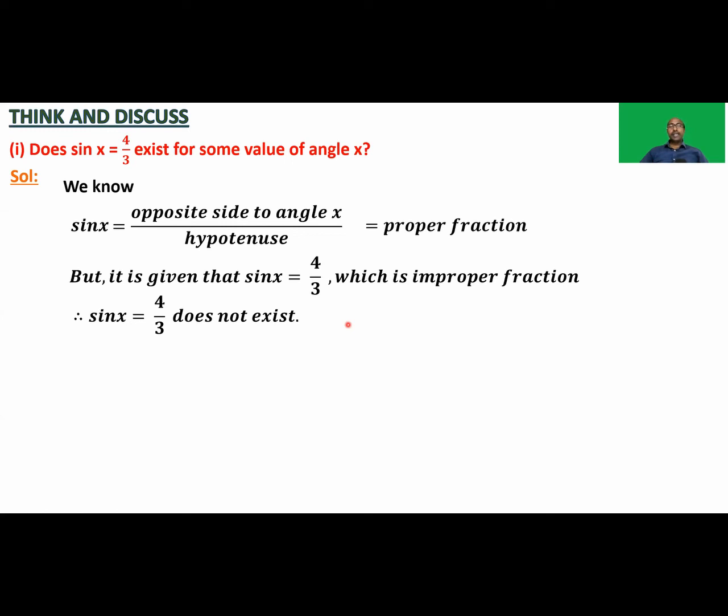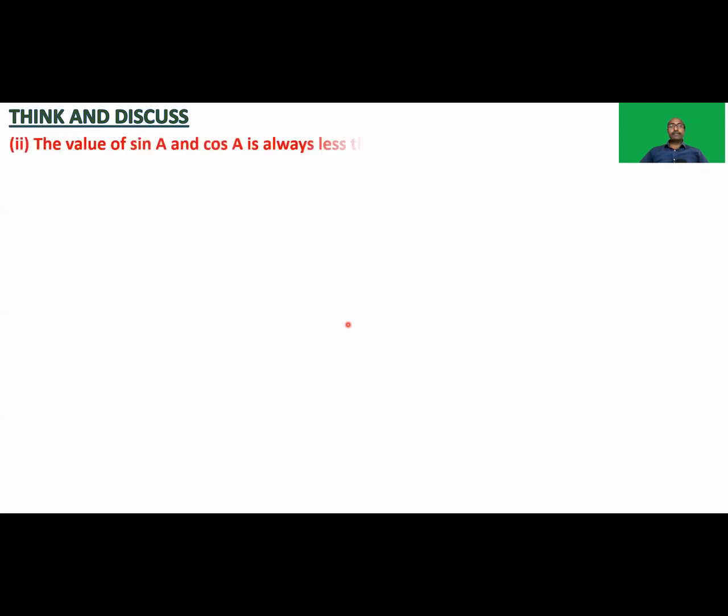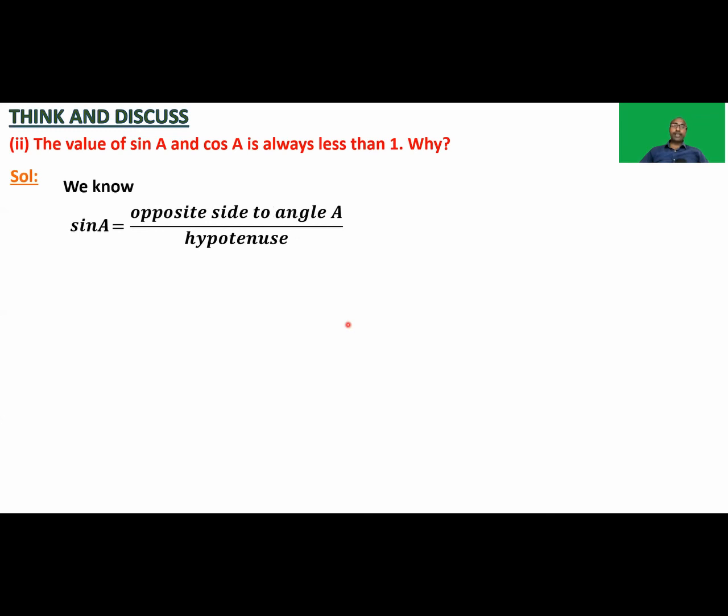Okay. Now let us see the second one. The value of sin A and cos A is always less than 1. Why? This is the question. Students, we know sin A equal to opposite side to angle A by hypotenuse. As per the previous problem also, we have seen that sin A is a proper fraction because opposite side is smaller than hypotenuse.